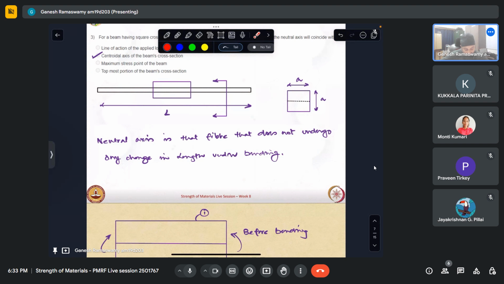For some reason, our cross section was like that. Then this will no longer be analyzed using our simple bending analysis. This will go into the purview of unsymmetrical bending, which we will see in the weeks to follow. But presently we are focusing on prismatic sections, which have a symmetry about the neutral plane. I hope that is clear.